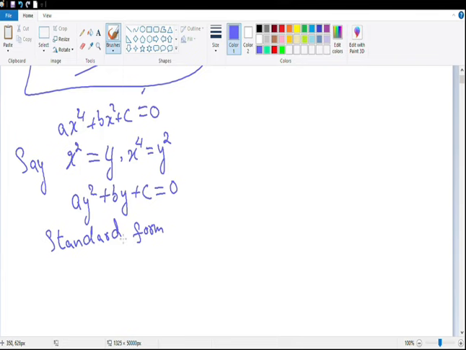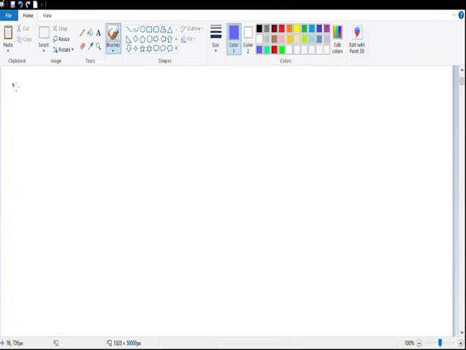So, let's take an example so we can understand this better. Say we have the equation x to the fourth power minus 5x squared plus 6 is equal to 0. Now here, let's say x squared is equal to y.